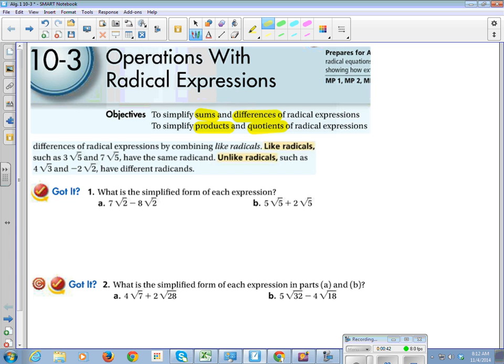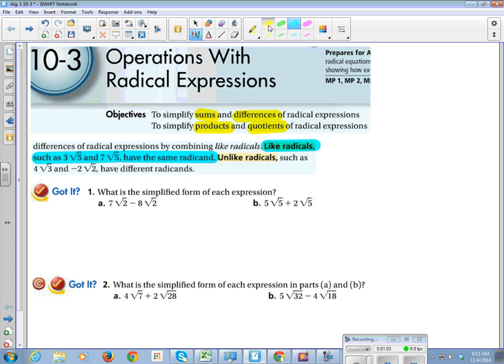I cut and paste this from your book, so please start writing here. Like radicals, such as 3 root 5 and 7 root 5, have the same radicand.